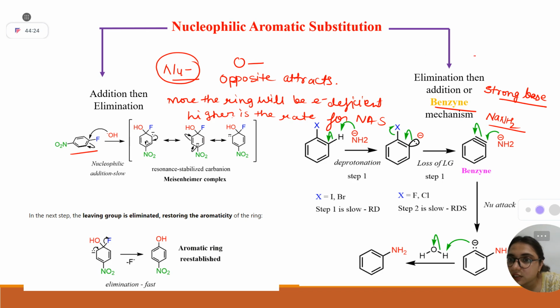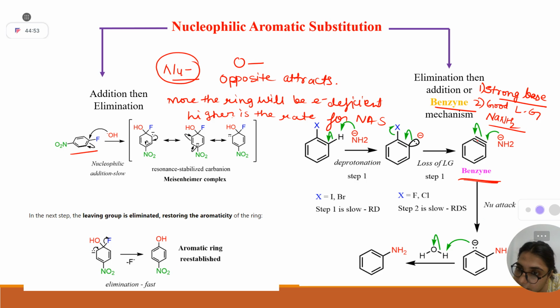So two conditions we get. First, your base should be strong, and second, there should be a good leaving group. Yes or no? Yes, ma'am. So first is deprotonation, then knocking off the halogen from the ring, formation of the benzyne intermediate, followed by nucleophilic attack.